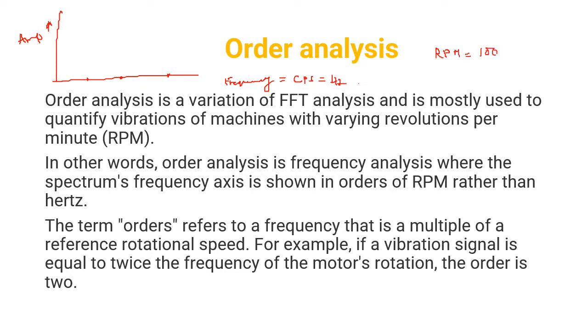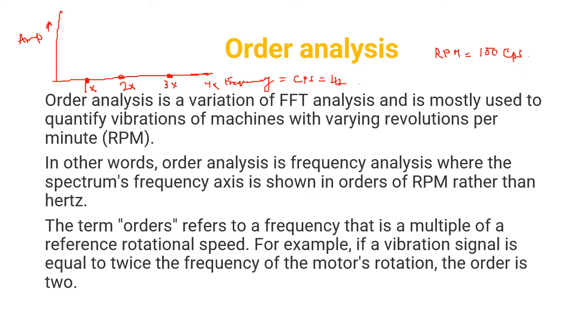So if the RPM of the machine is 100 cycles per second, this is 1x, next will be 2x, then 3x, 4x, like that. So instead of plotting directly in terms of frequency, we can plot in terms of the RPM. This frequency equals RPM, this is twice RPM, this is thrice RPM. So this plot gives additional information about the speed of the machine.